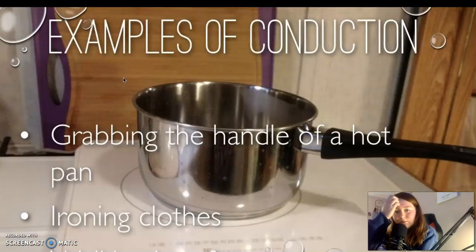So some good examples are grabbing the handle of a hot pan, whenever you're ironing clothes, and walking barefoot on concrete. So in the summer, if you walk barefoot on concrete, your feet start to burn. That's because of the conduction. That's the type of heat energy transfer that's taking place.